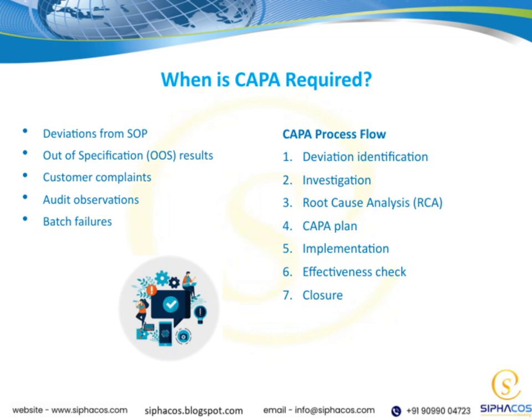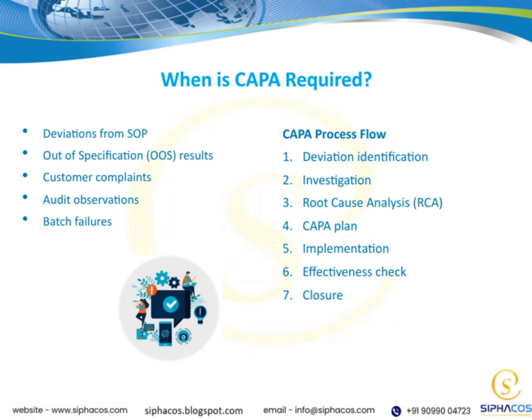Once we have identified the root cause, we develop a CAPA plan, corrective and preventive actions, to address and prevent recurrence. Implementation is the next step, where we put those actions into practice. After that, we perform an effectiveness check to ensure the actions have resolved the issue. Finally, we close out the CAPA, but only after confirming everything is in control.